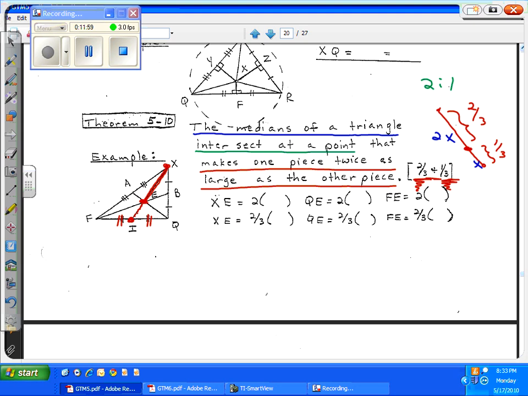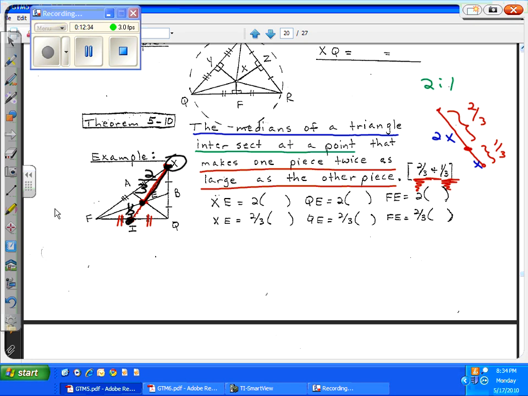Well, it's saying that the point where they hit is 2/3 of the way from the vertex to the midpoint, meaning that the part on the vertex end is the big part, and the part on the midpoint end is the little. Okay? So formal definition, the medians of a triangle intersect at a point that is 2/3 of the distance from the vertex to the midpoint of the opposite side.